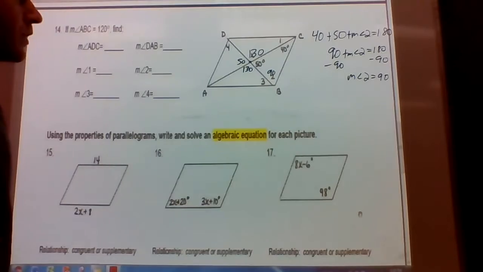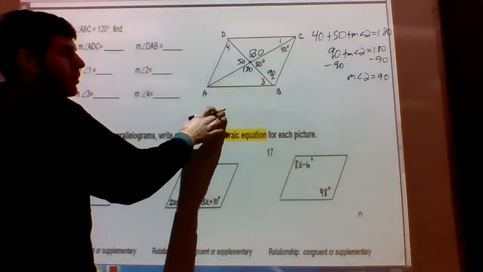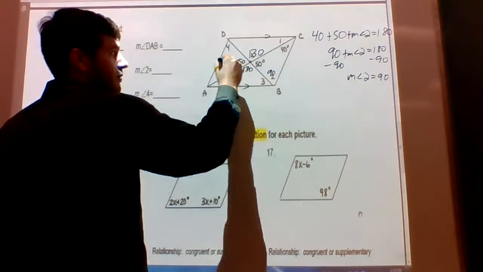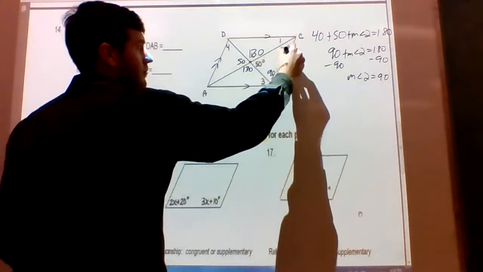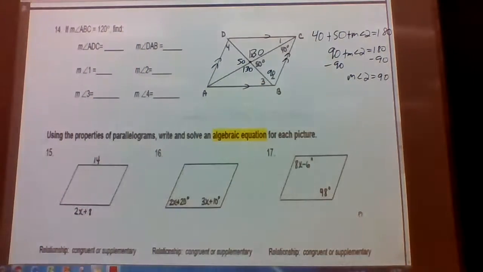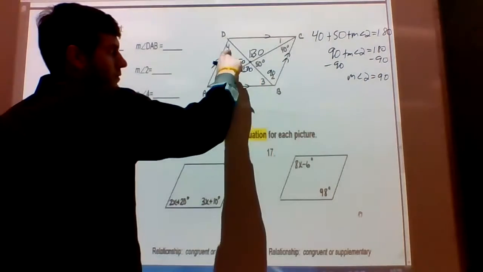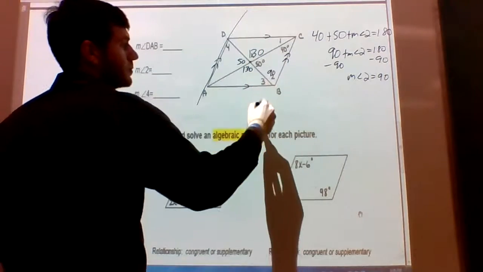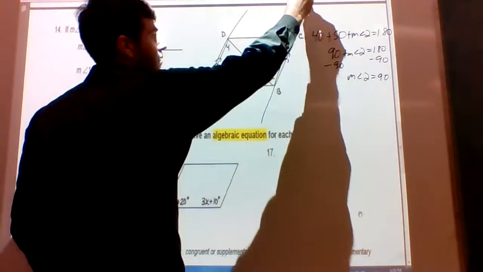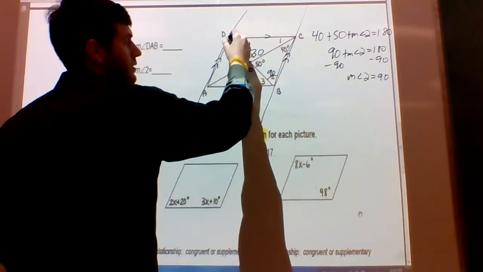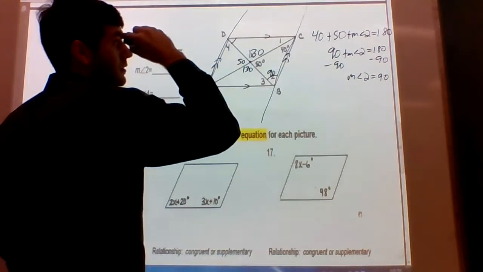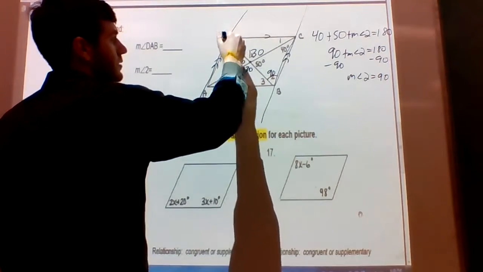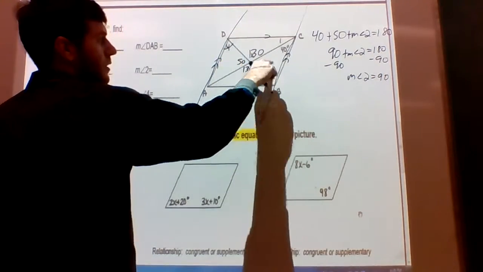So what else do we know? Well, we know it's a parallelogram, so we know the opposite sides are parallel. So we have alternate interior angles. If AD is parallel to BC, these are going to be alternate interior angles.